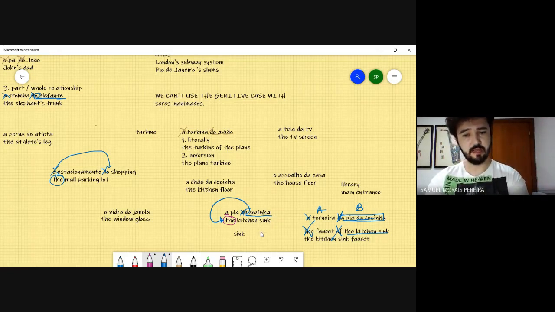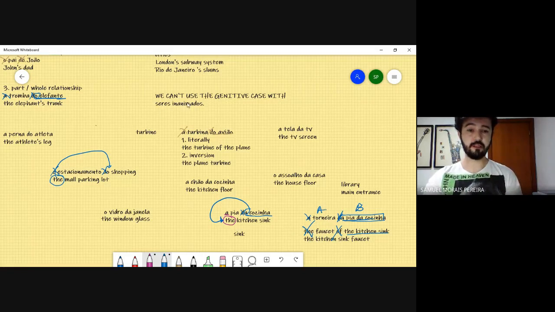Um aluno desavisado lá do básico, ele às vezes traduz assim: a cozinha, pia, torneira. A cozinha, pia, torneira. Na verdade, é tudo ao contrário, né? É a torneira da pia da cozinha. And in today's lesson, you learned why we do this, okay?